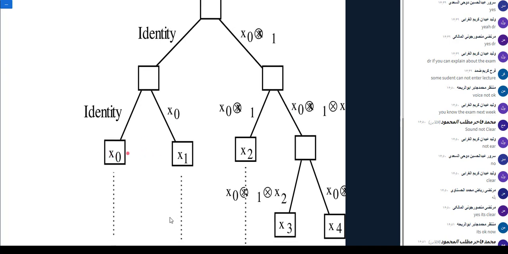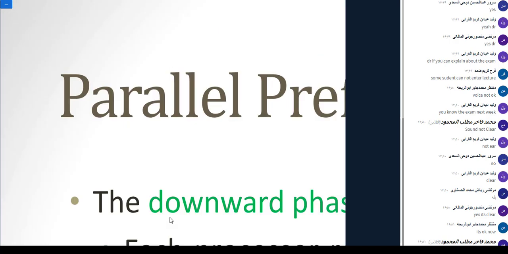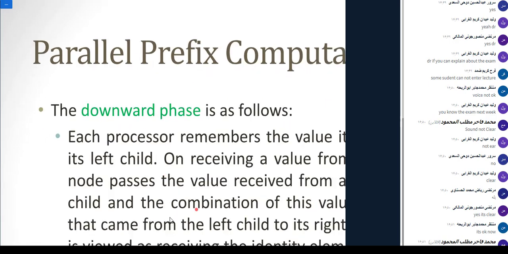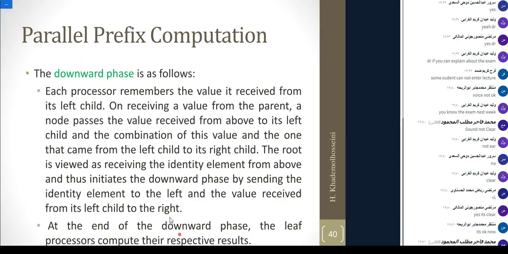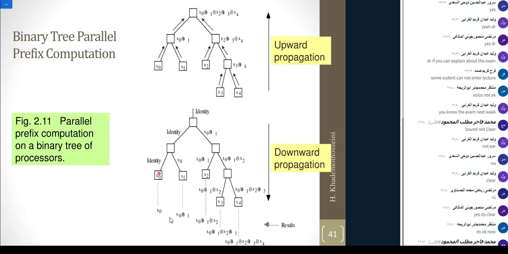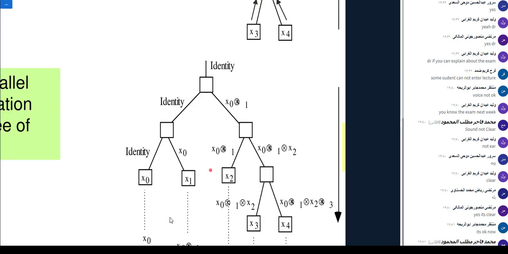At this point, I mean the roots, the leaves, we said that at the end of the downward phase, the leaf processors compute their respective results. So the leaves compute at the end.